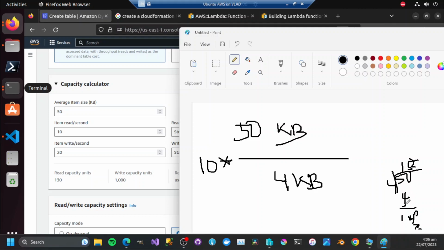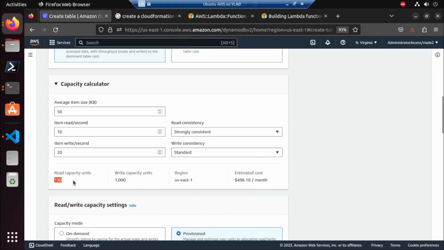No. 4, because it's 10, right? 10 here, then 2 equals 8, 2, 0. Okay, so then point 5, 12.5. So it's gonna be rounded to 13. So 10 times 13 is equal to how much? 130. So there you go, 130 read capacity units.